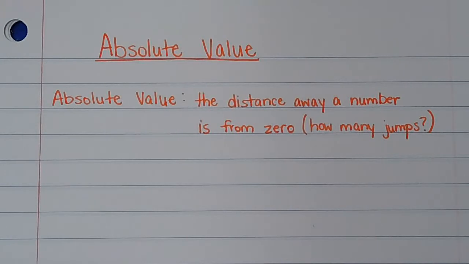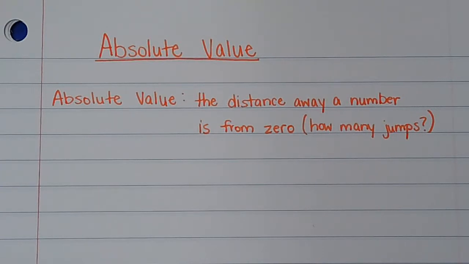So if I say, what's the absolute value of 13? Okay. Well, in other words, if you're standing on 0, how many times do you have to jump before you land on 13? Okay. And there should be 13. So the absolute value of 13 is 13. If I asked you what's the absolute value of -4? So if you're standing on 0, how many times do you have to jump to get to -4?